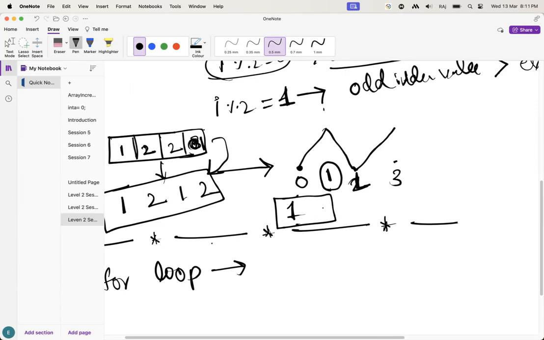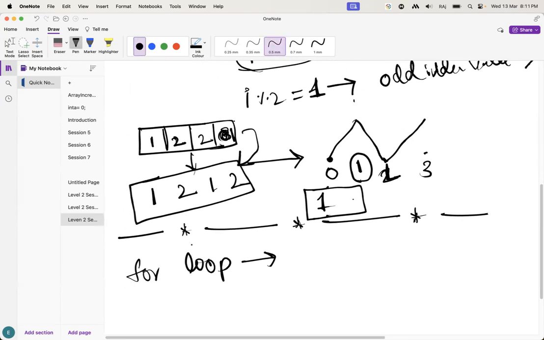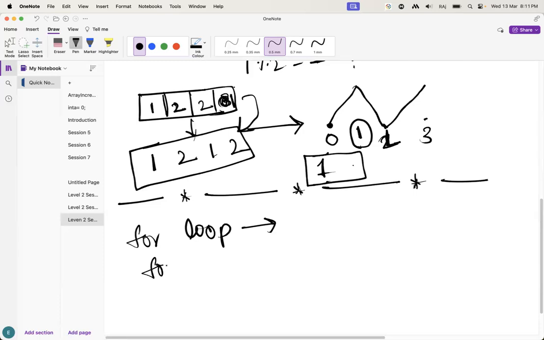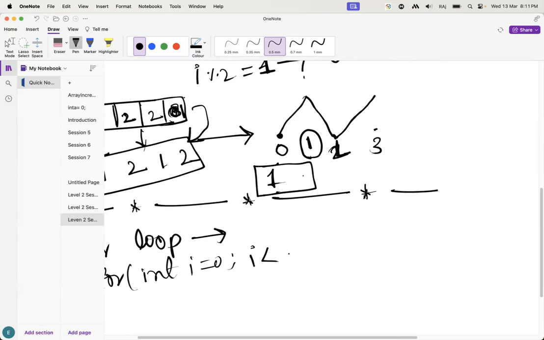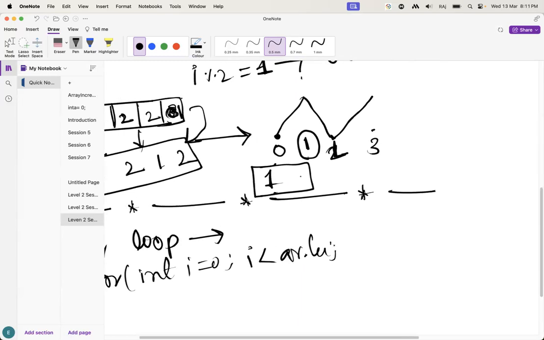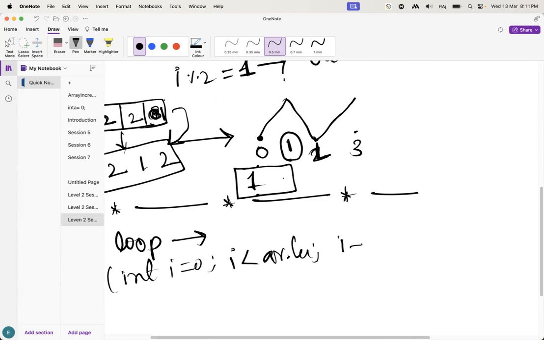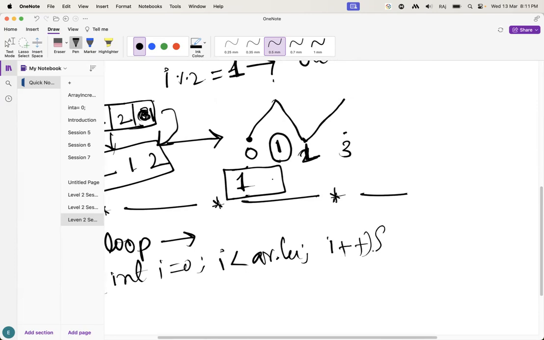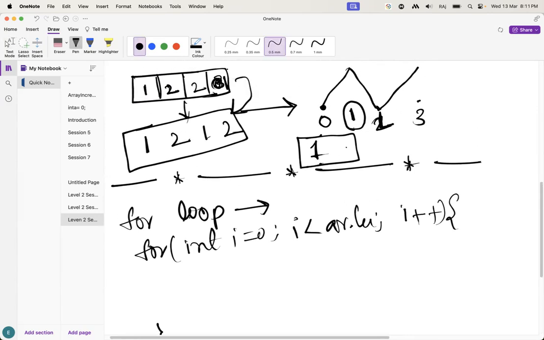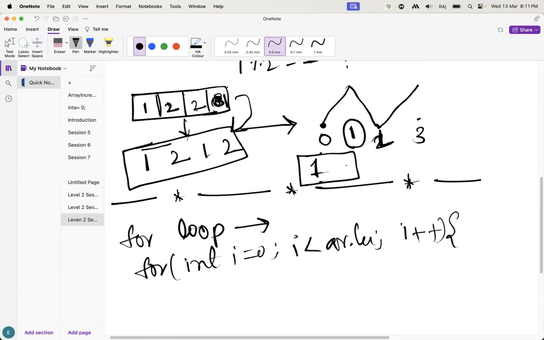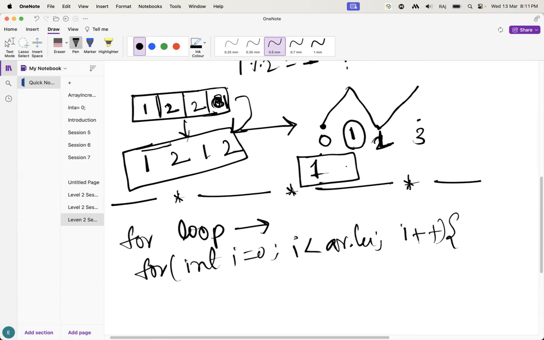That's why I'm not taking a while loop here. See, guys, I'm taking the for loop: int i equal to 0, i less than array dot length, i plus plus. This is the base for loop. And here we have to check that the elements are in this order. If they are not in that order, what do we have to do? We have to swap the elements.